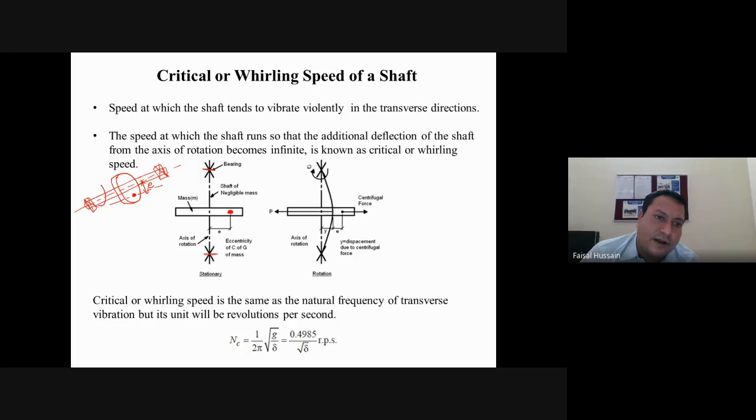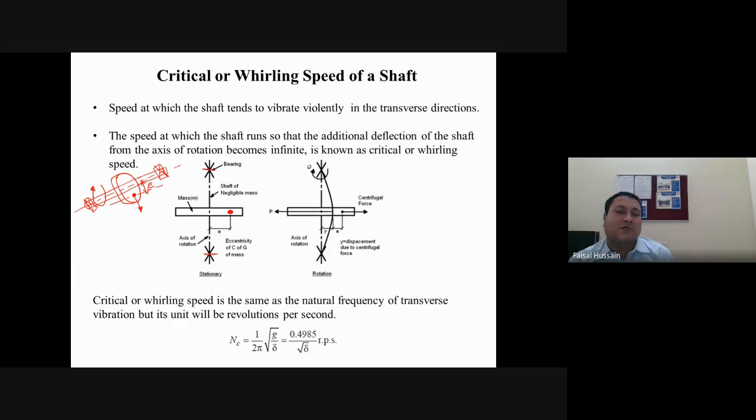And if this condition arises, when the shaft will rotate, because of this eccentricity, centrifugal force will be developed, not centripetal, centrifugal force. And the direction of centrifugal force will be towards this eccentricity. Okay. And because of this disturbance of centrifugal force, the deflection of shaft will be towards the eccentricity and the shaft will vibrate violently.